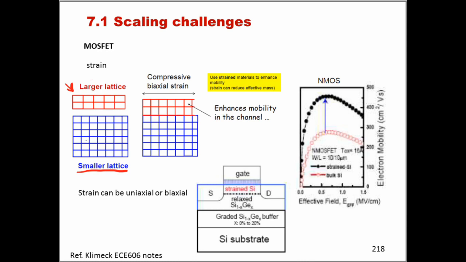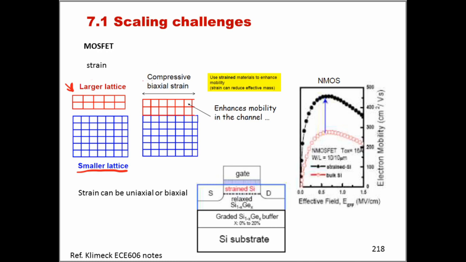When we put our red lattice here in contact with the bulk material that has a smaller lattice, the top layer that used to have a larger lattice is compressed in order to match the lattice beneath.